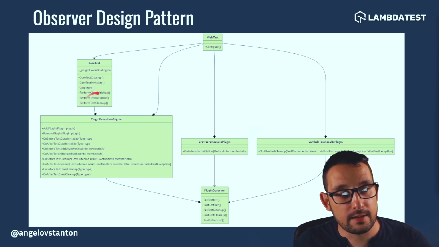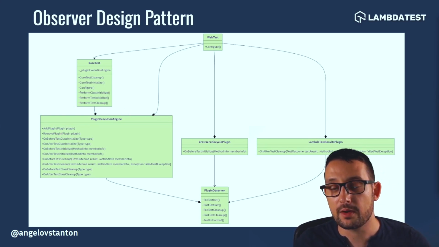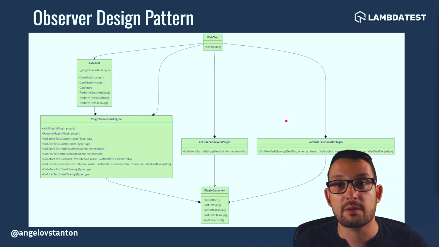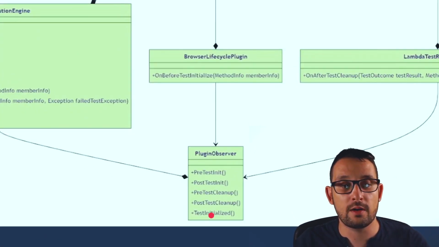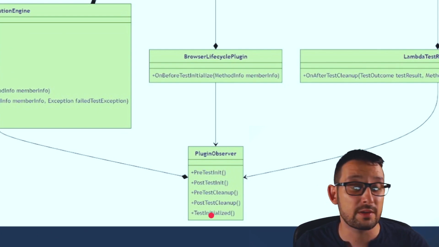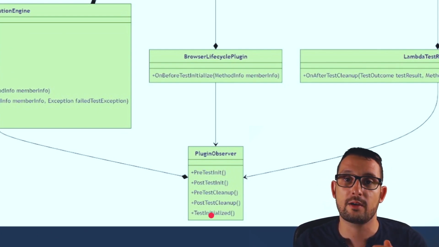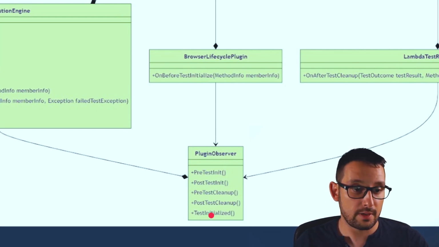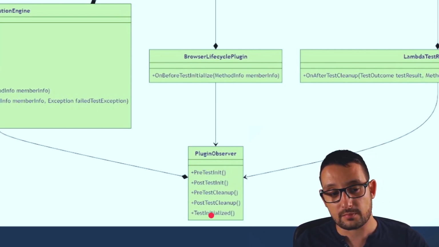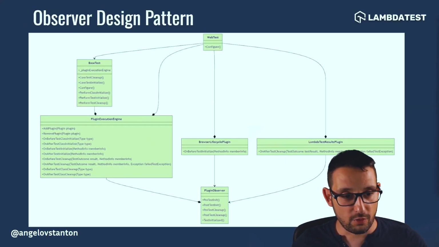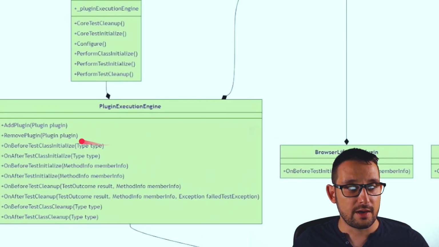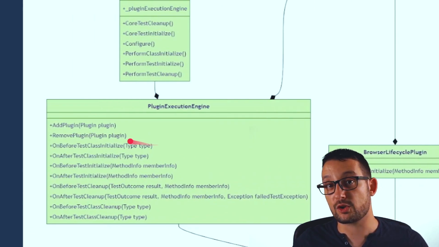As you can see, we have a couple of classes here that are part of this relatively complex design pattern. We have the plugin observer, or usually this is called just observer, but I renamed it to easily explain it. I call this plugin. And even in the original implementation of the pattern, interfaces are needed for both the plugin observer and the plugin execution engine.